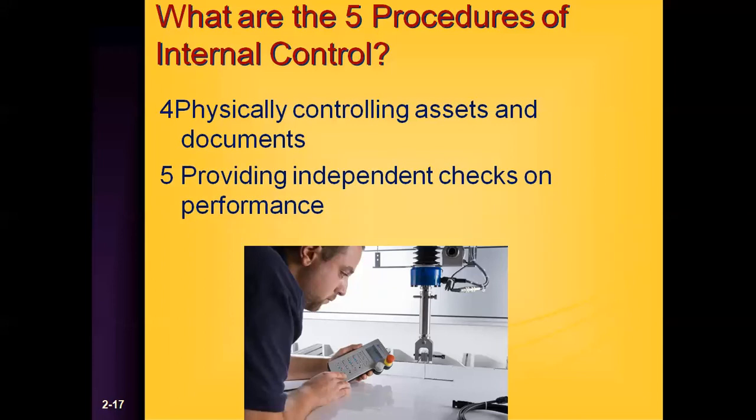And then the fifth is providing independent checks on performance. Sometimes companies will actually bring in outside organizations because they will be independent to check to see how the company is doing in various areas, as opposed to having another employee check on internal controls.